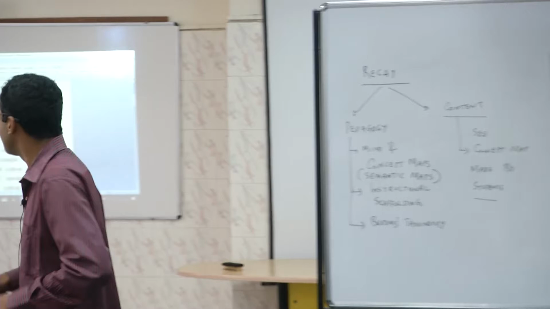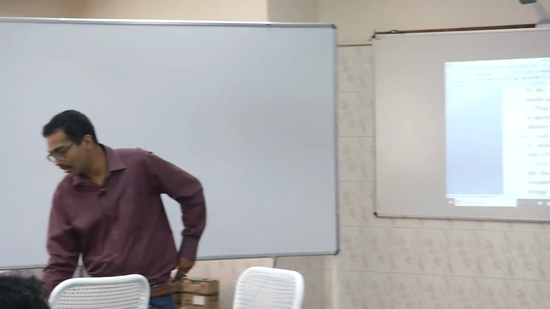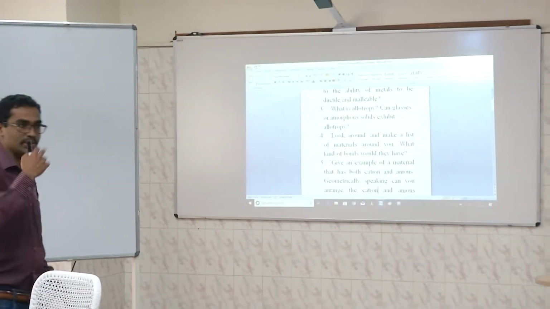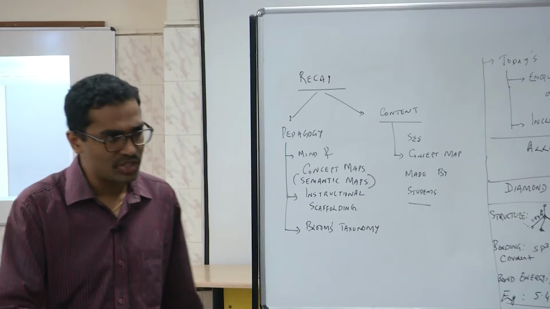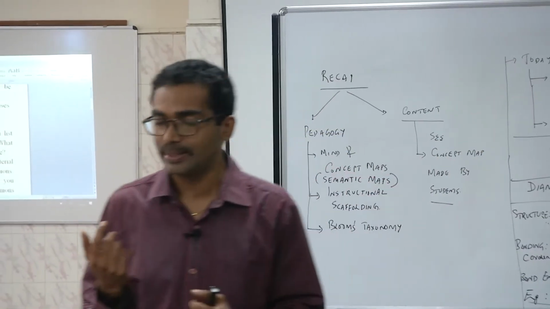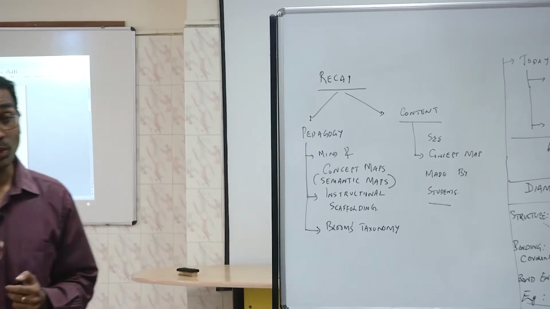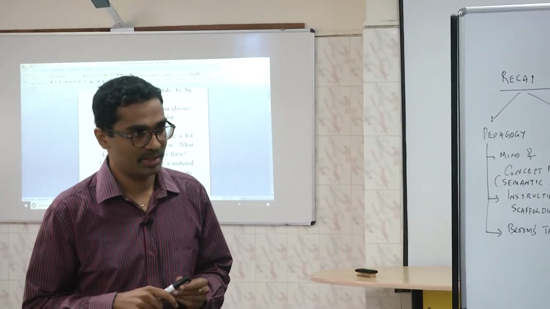You all understand this? Okay, let's look at the next question, and it is just to get you to be a little alert. Look around and identify materials. It could be anything, materials that are making up the chair, the table, your cloth, whatever. It doesn't matter. You write it down and you write out what you think is the nature of bonding in that particular system.